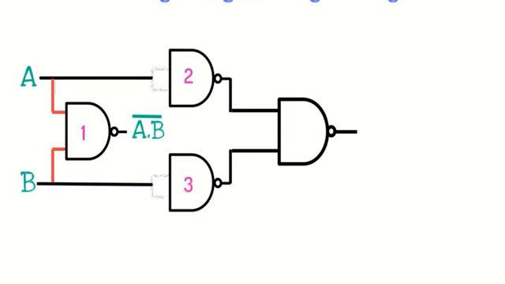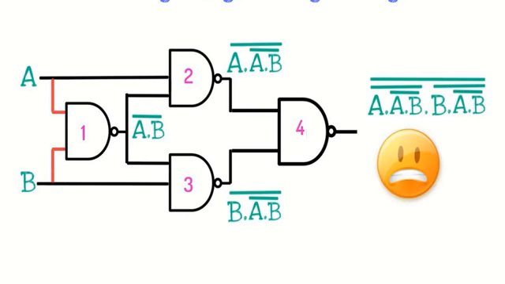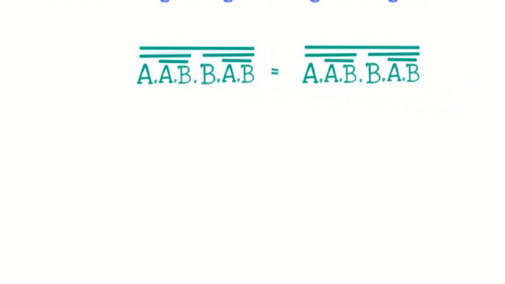Now we make changes to gates 2 and 3. Instead of single input, we leave them as 2 input. One of the inputs is A dot B bar to both gates, and A and B are the respective other inputs. So output of gate number 2 will be A dot A dot B bar, complement of the whole term. In the same way for gate 3, this is the complete term at the output.